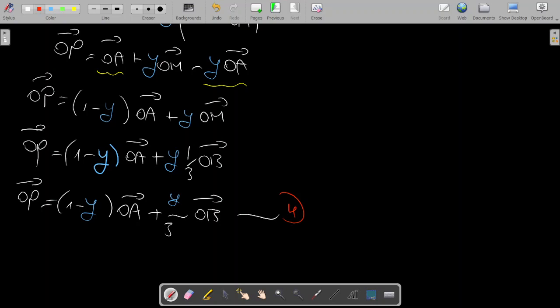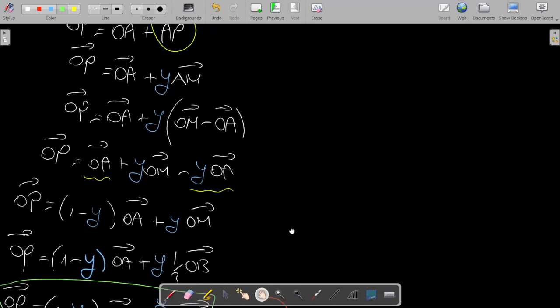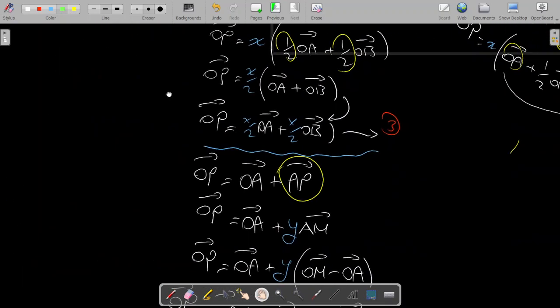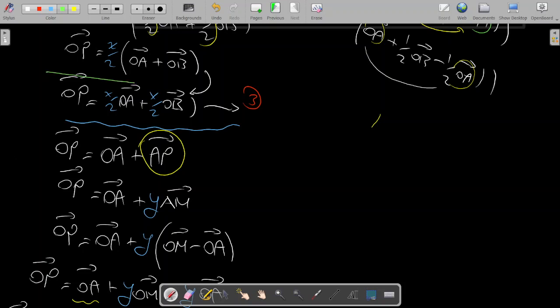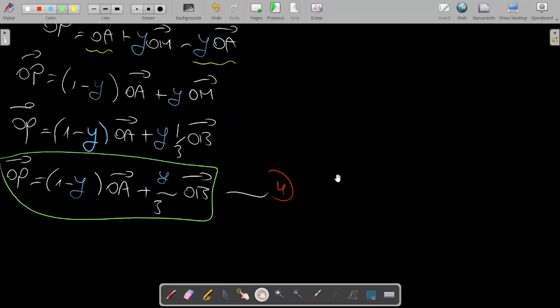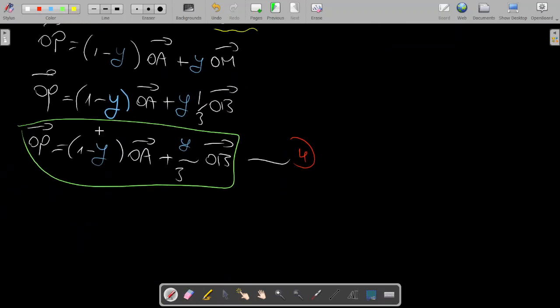Clear? Now what do I get from this? Now pay attention to this equation and this equation here. What do you notice? Both of them are part of the OP. This is the coefficient of OA, which is x over 2, and the coefficient of OB is x over 2, and both of them are part of the OP, which is the same thing if you understand what I'm trying to say.